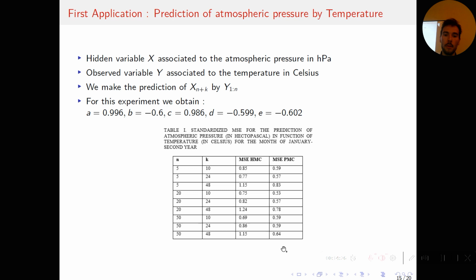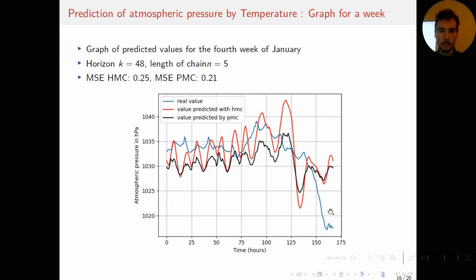Here for the results, we can see that PMC is quite better than HMC, and the intuition is confirmed. When K increases, MSE increases also, so it is more difficult to predict when the horizon increases.